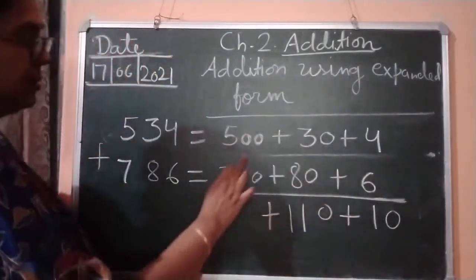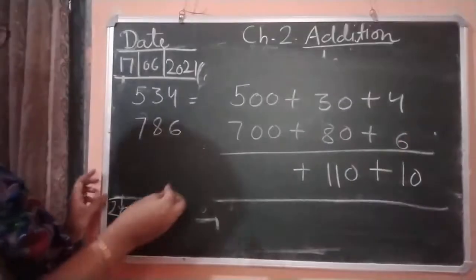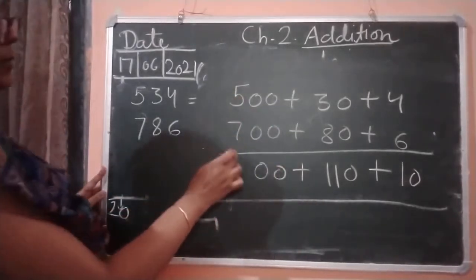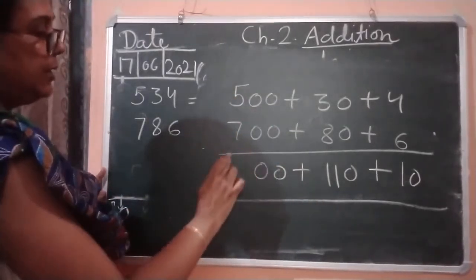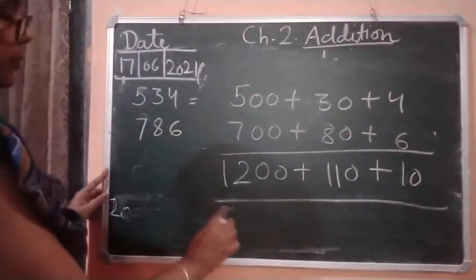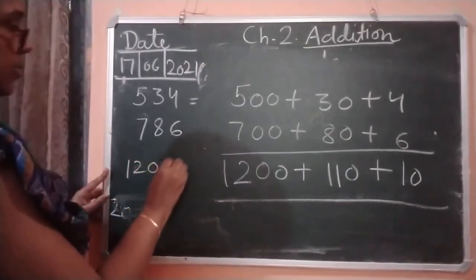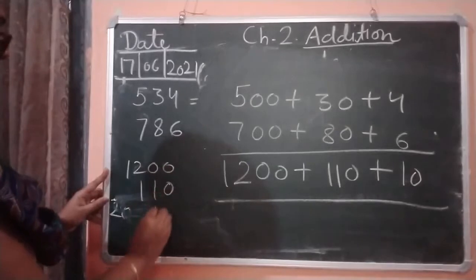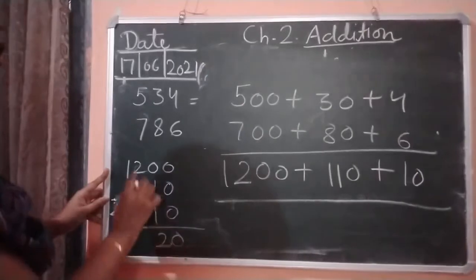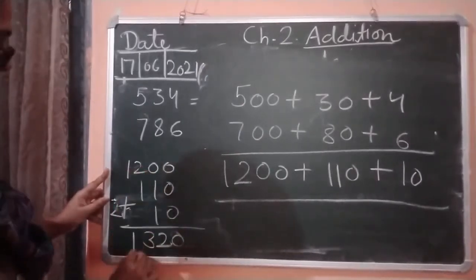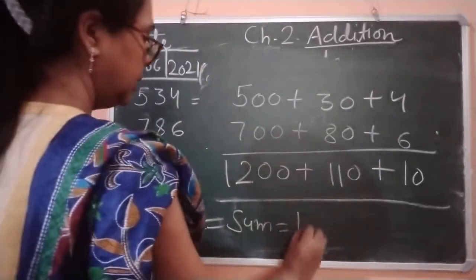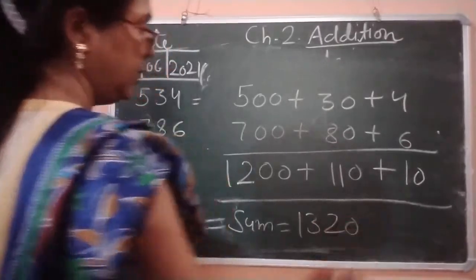Now plus 500 and 700, that is 1200. Now we will write 1200 plus 110 plus 10. So what is the total? Here we are getting the sum of these numbers as 1320.